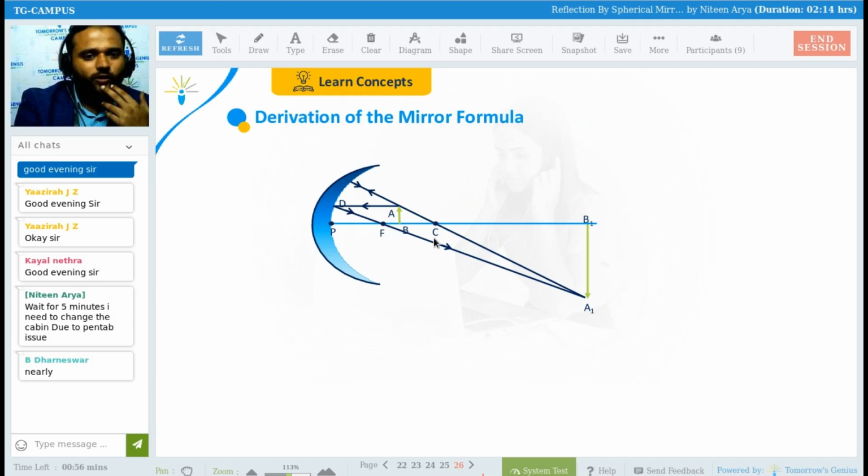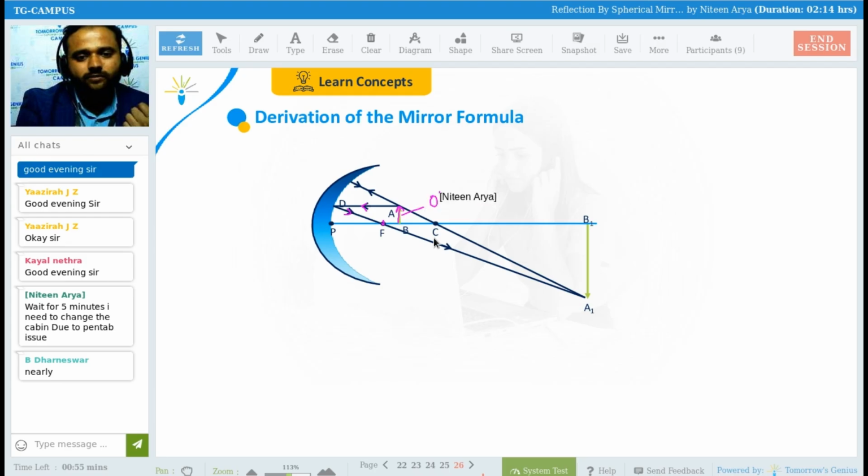So suppose there is an object. This object is situated in between F and P. One ray is going to be parallel, coming to the principal focus, or any ray passing through C is going to come back along the same path.